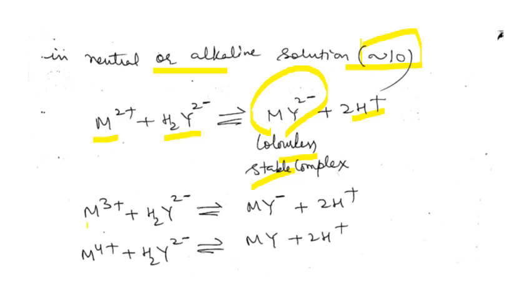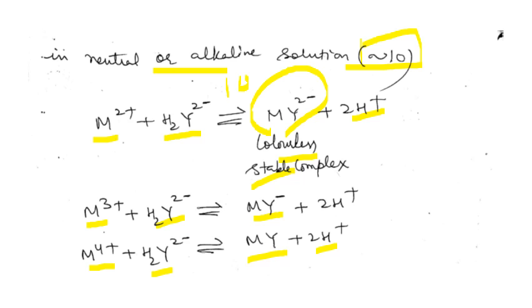Likewise, a trivalent ion also forms a stable complex with the charge 1. And if it is a tetravalent cation, it also forms a complex with the EDTA. The same reaction takes place. This reaction should occur at a pH nearby 10.